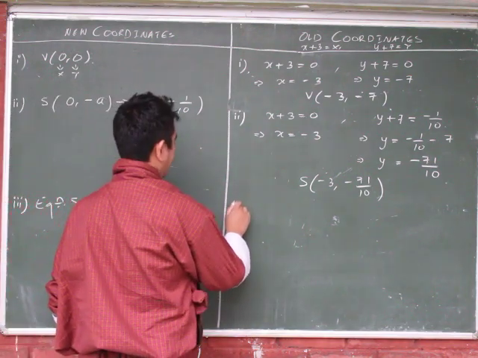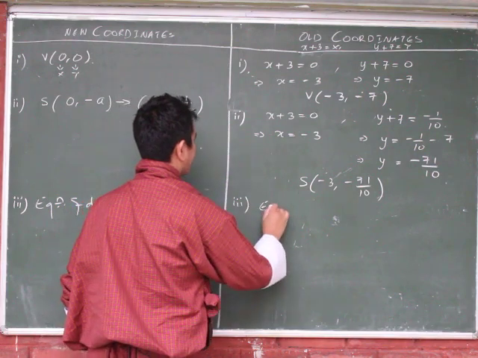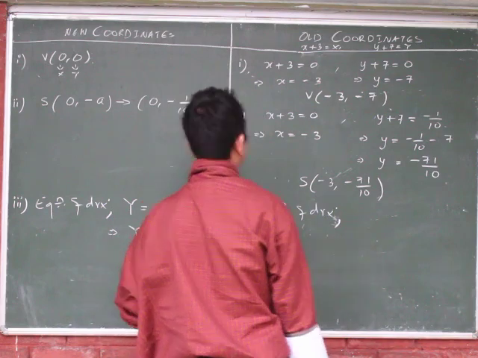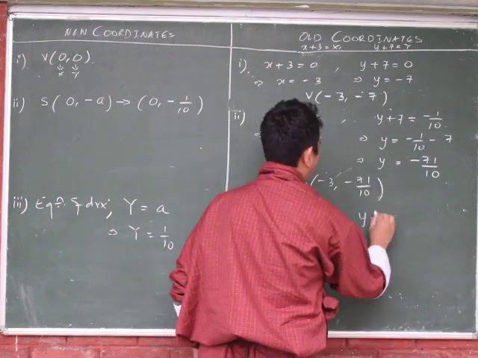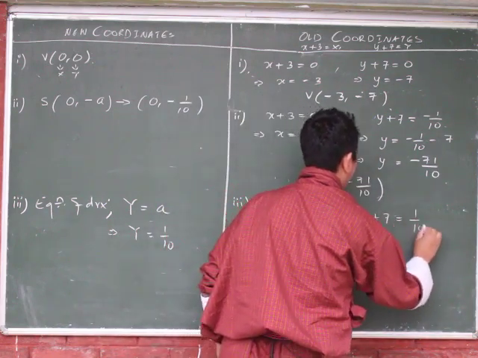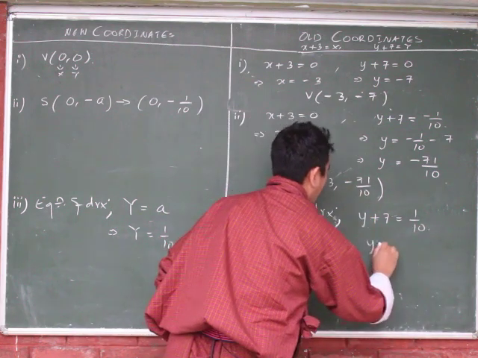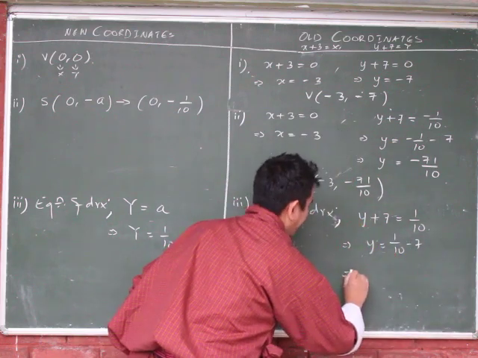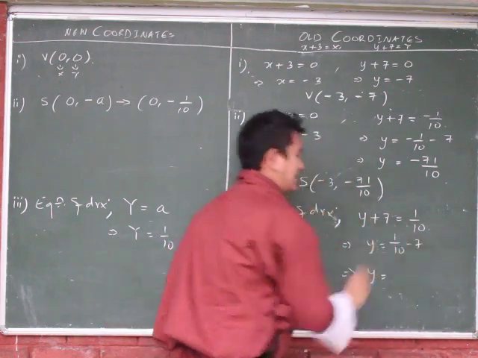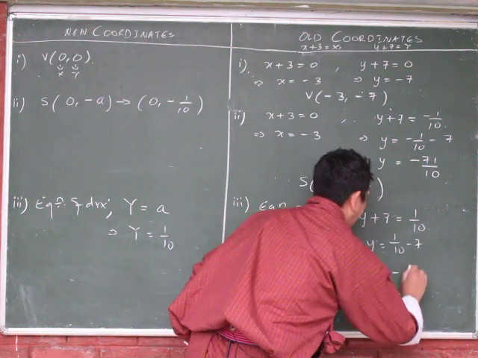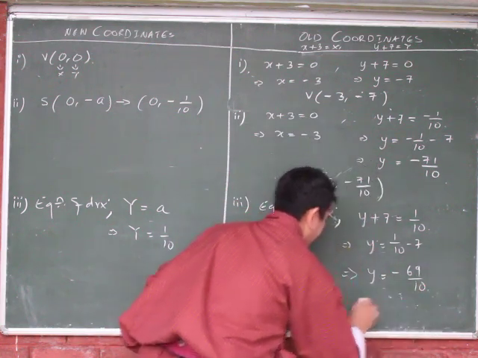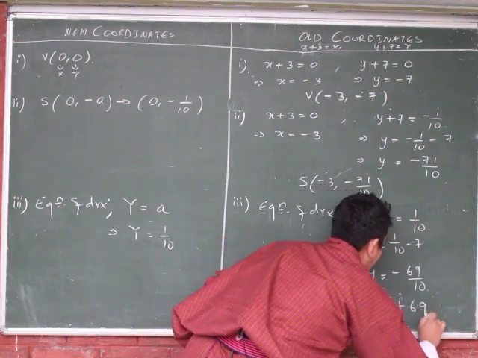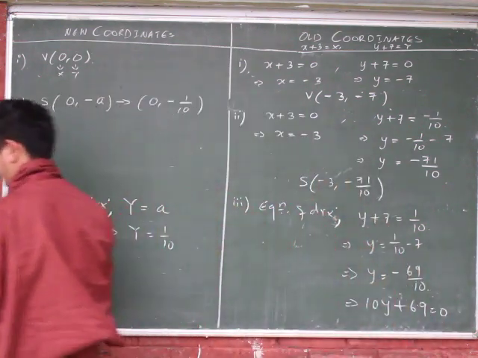Then here, number 3, equation of directrix, we have, okay, substitute this capital Y there. Y plus 7 is equal to 1 by 10, implies y is equal to 1 by 10 minus 7, which implies y is equal to 10 sevens are 70, negative 69 by 10. Finally, we have equation of directrix. 10y plus 69 is equal to 0.